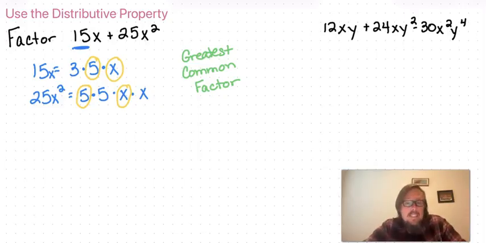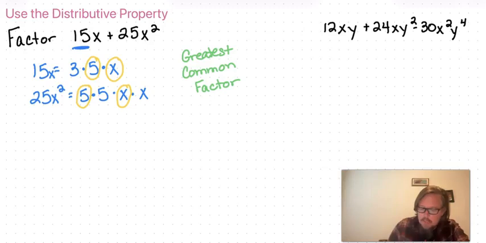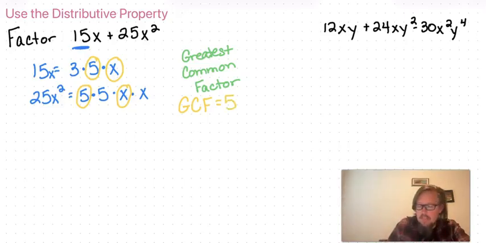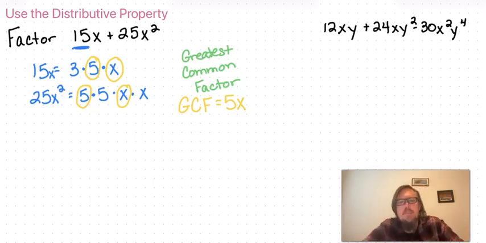The greatest common factor, which we will abbreviate as GCF, is both the 5 and the x together, 5 times x, which we will just write as 5x. So the greatest common factor of 15x and 25x squared is 5x.